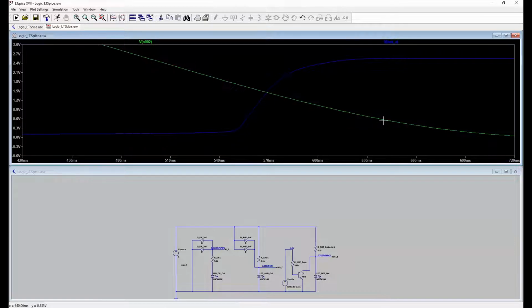So from 0.7 volts to 1.8, you would not want to trust this as an actual NOT gate. Within that transition region, the transistor is actually amplifying the variation in the input, and you would just want to stay away from that. But outside that range, not bad, if you're okay with a maximum of 2.5 volts as a high.